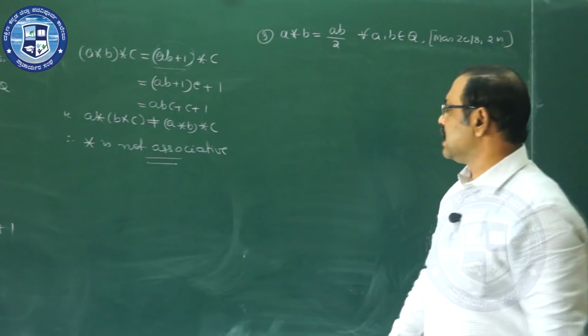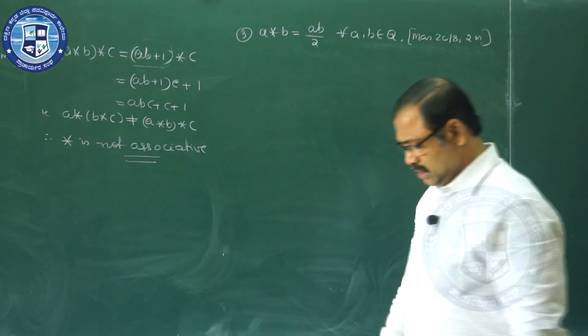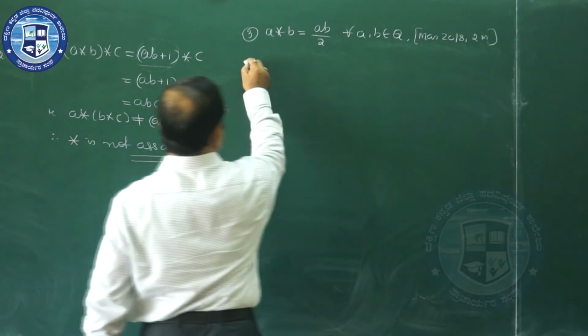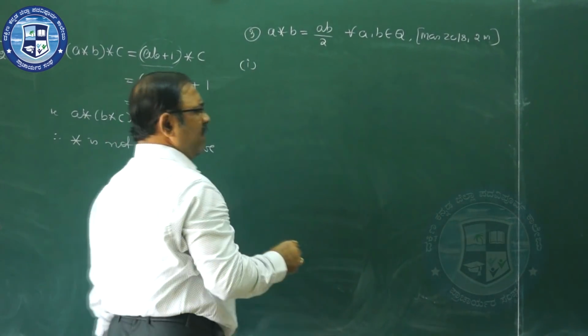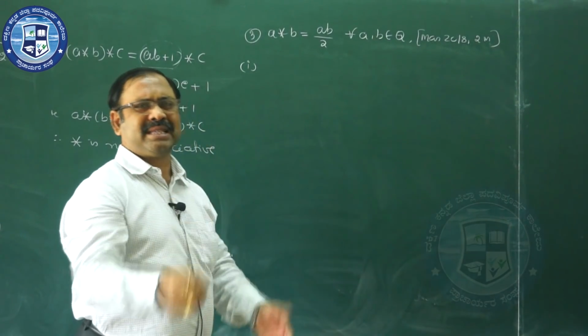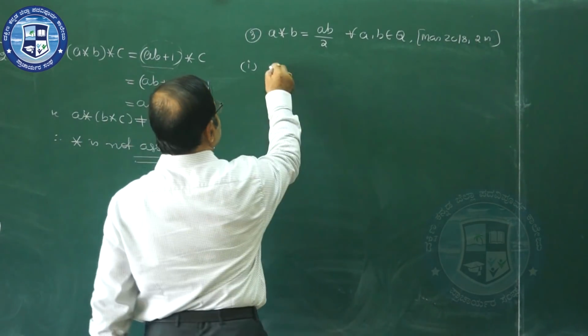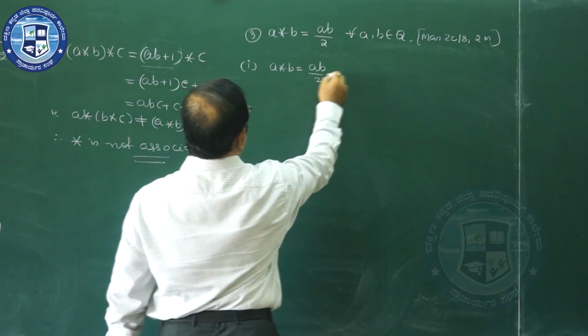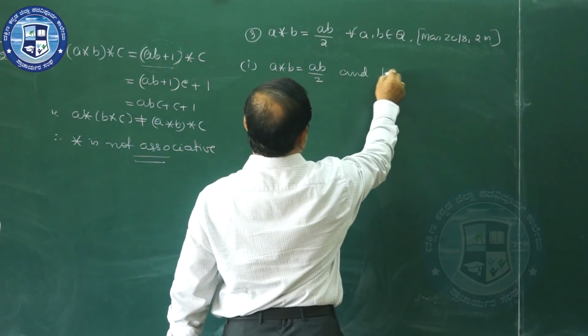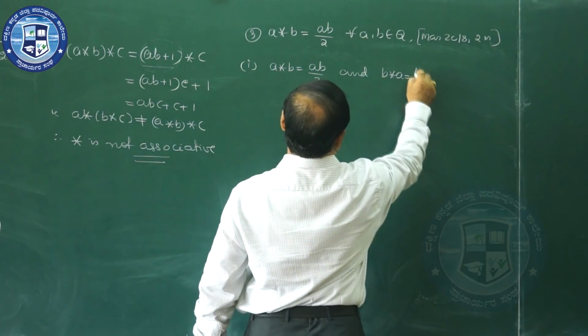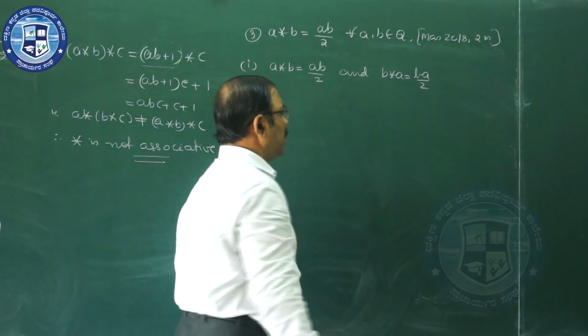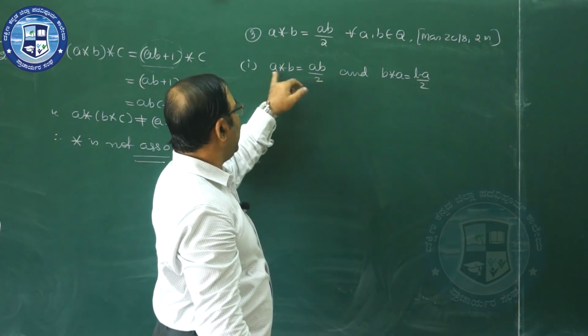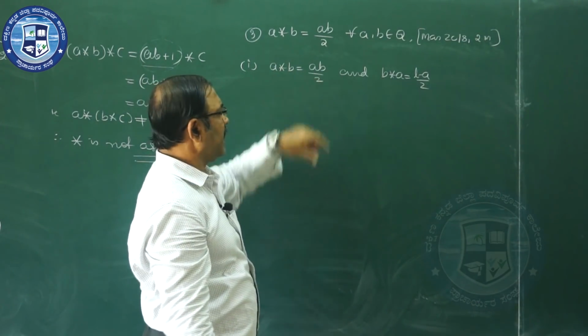Even this question was asked in 2018. So, first, they have not asked commutative, but still let us verify. See, A star B equal to AB by 2 and B star A equal to BA by 2. A star B, first into second.